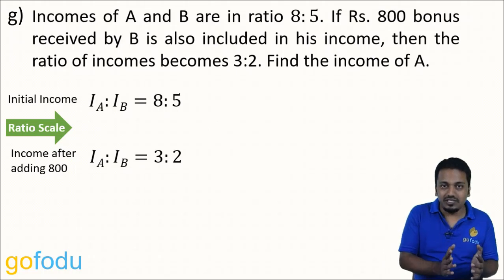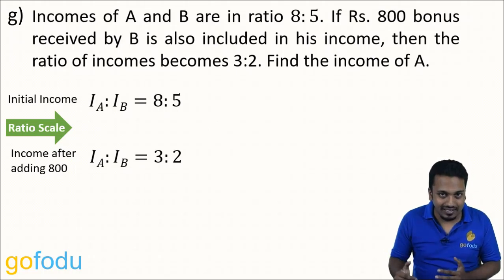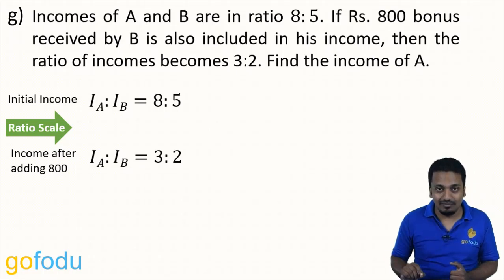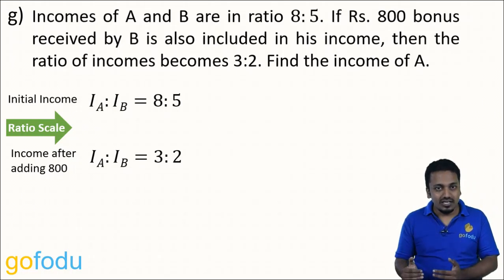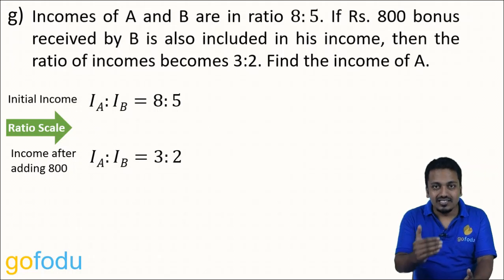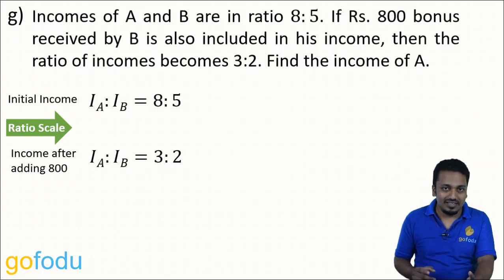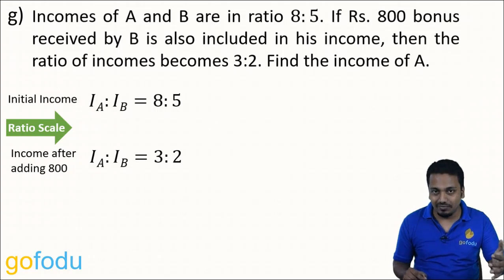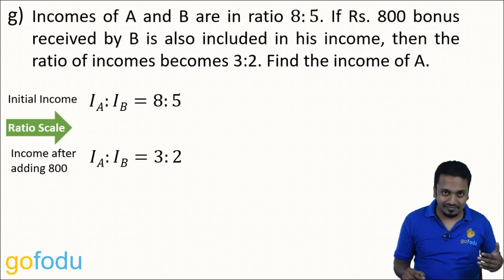The ratio of income changes because there is a change in income of B. There is no change in A's income. So let's make the terms representing A same in both the ratios. 8 and 3. Their LCM will be 24.